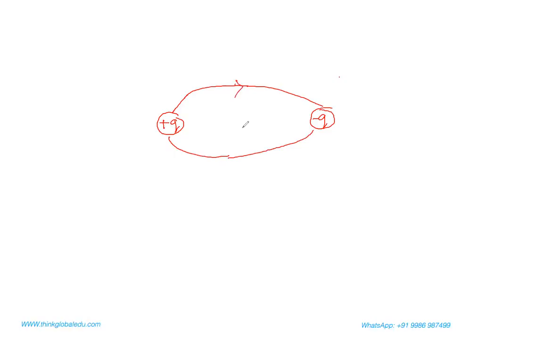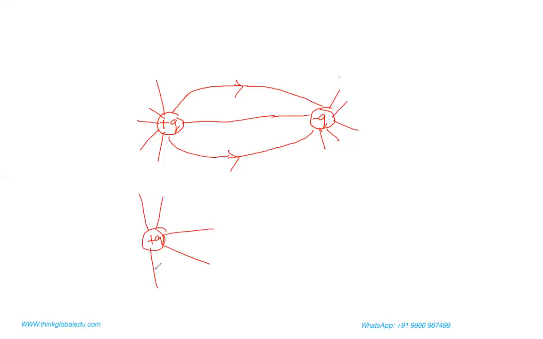Since these are point charges, the field will go in all directions, and end up at minus Q. If I have only one charge, let's say plus Q, then I can expect radial fields, that is, outwards in all directions.